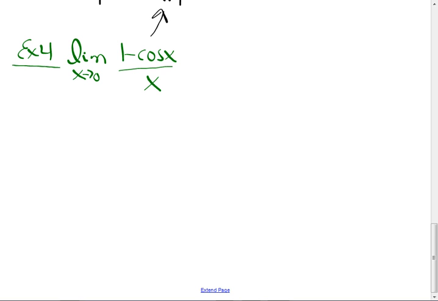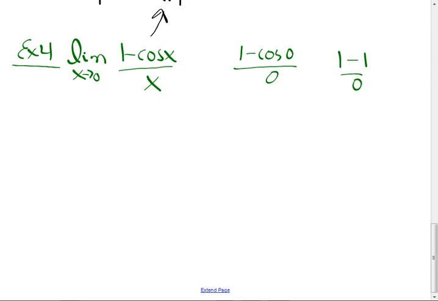Do you remember what that one is? No? It's 0. And I could multiply by 1 plus the cosine of x. Well, let's substitute 0, and it's 1 minus the cosine of 0. And if you need me to review the trig, you just let me know. What's the cosine of 0? 1. So it's 1 minus 1 over 0. It's going to be 0, the answer is.